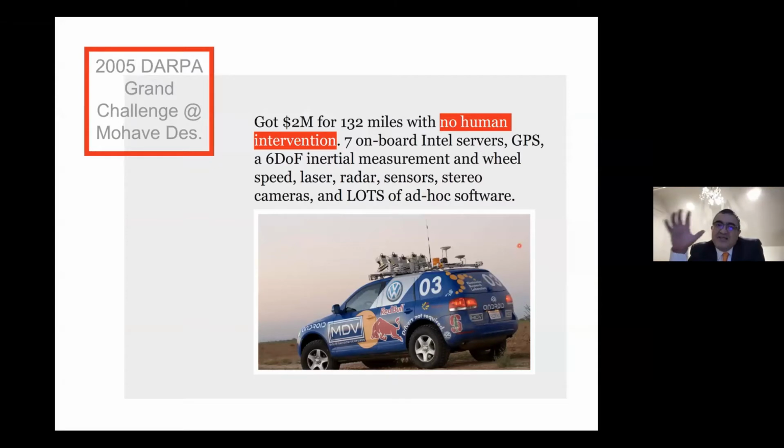But the highlight of this is the back end of it. So this vehicle had 7 onboard Intel servers, lots of processing, GPS, 6 degrees of freedom inertial measurement, wheel speed, lasers, radar, sensors, stereo cameras, and of course, lots of ad hoc software.